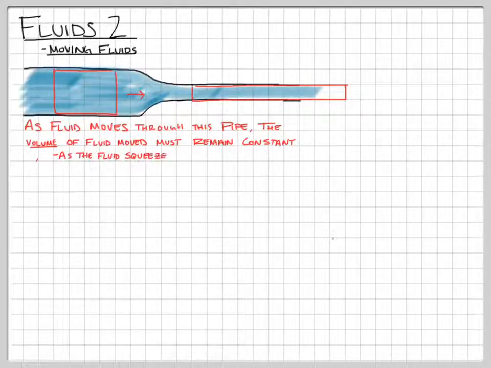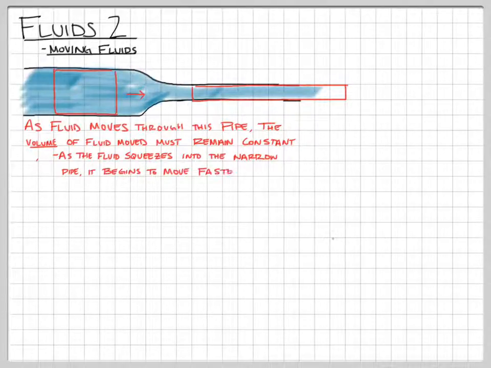As this fluid squeezes into the narrow pipe, it starts to move faster. As that volume has to push itself into something more narrow, in order to get the same volume per unit time, it has to flow faster through that part of the pipe.